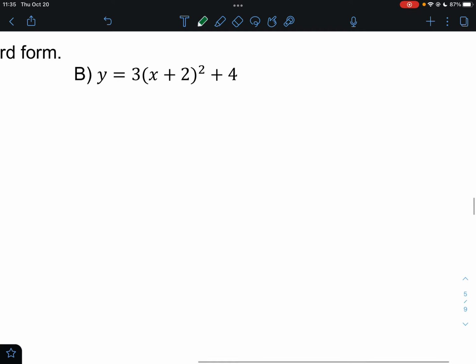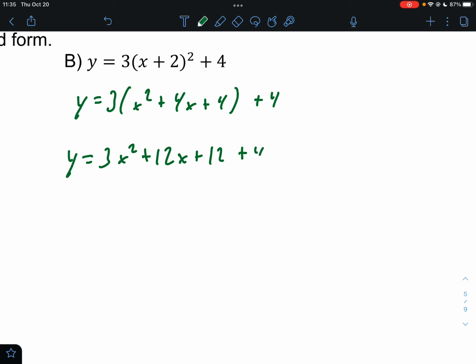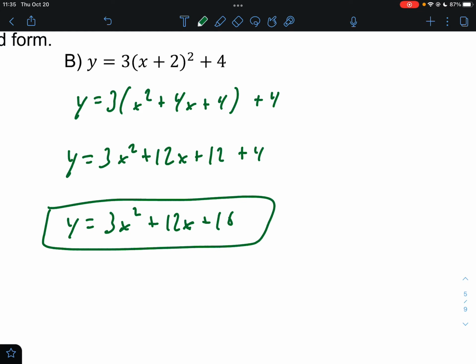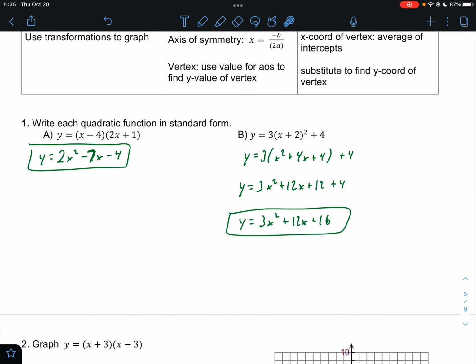And for b, we're going to distribute that (x + 2) squared, and then distribute the 3, and finally combine those like terms at the end. So that's just going from intercept form to standard form and vertex form to standard form.